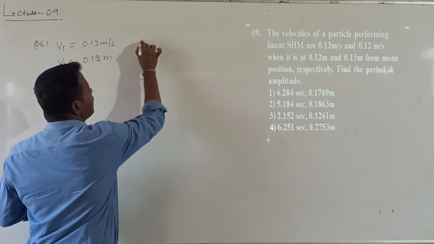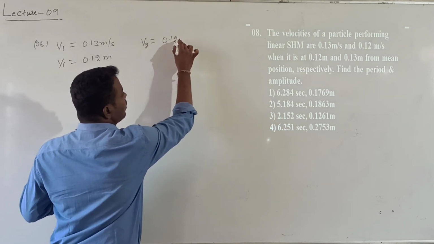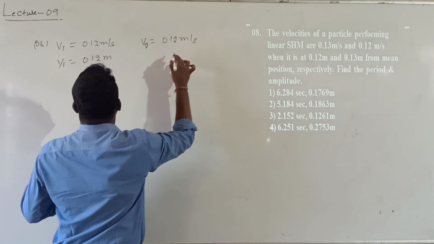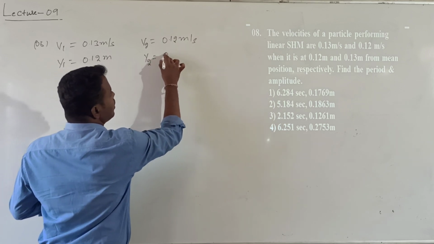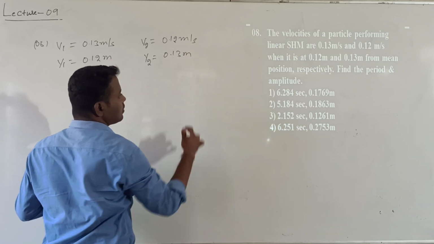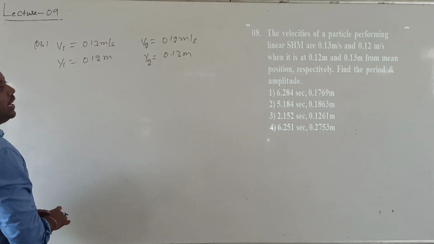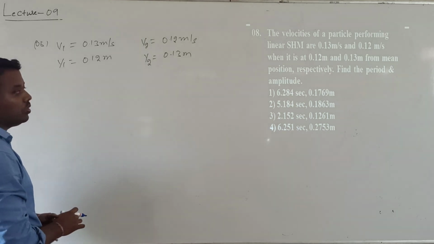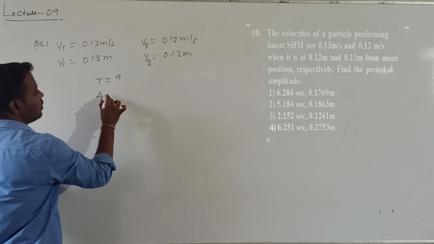And one more given velocity v2, which is 0.12 meters per second at a displacement of y2, value 0.13 meters. This is the data given. Now what they are asking us to calculate is the time period and amplitude. We want to calculate what is T value and what is A value.